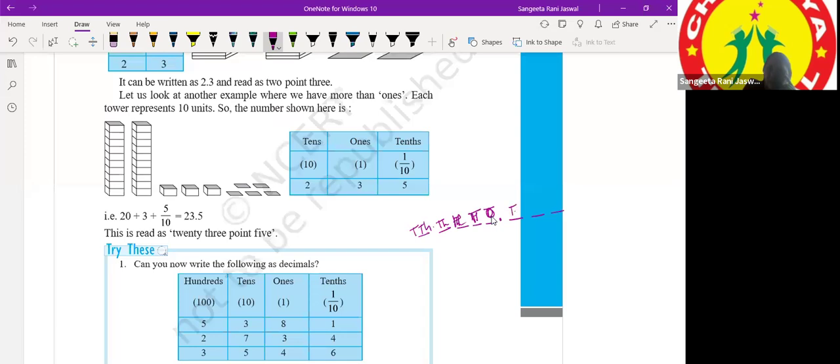This is the tenths place, then the hundredths place, then the thousandths place, and like this it goes on. And here we have the decimal point.